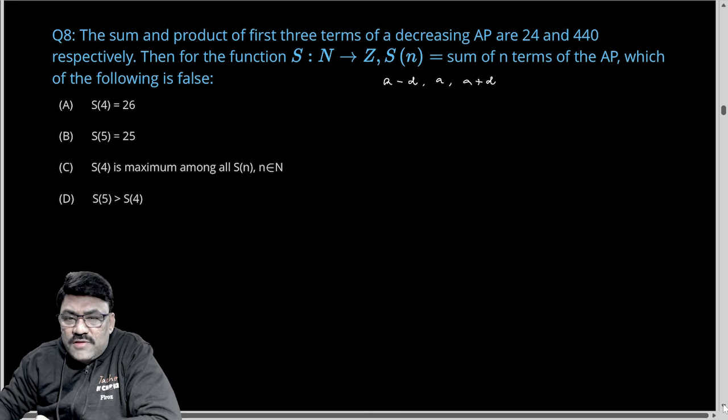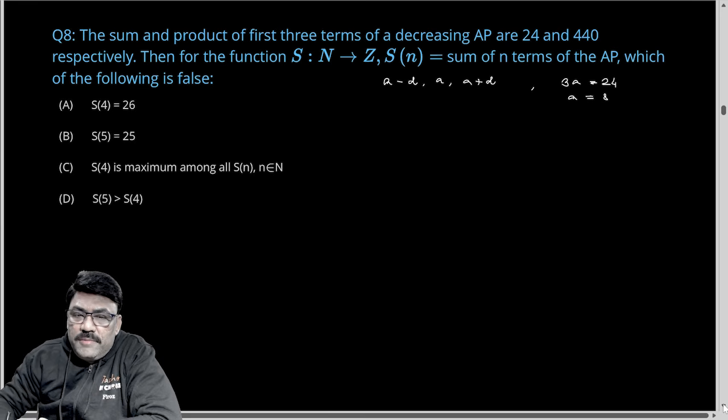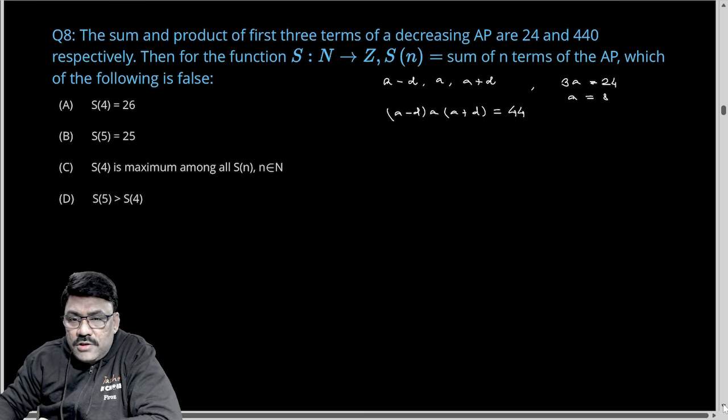So if I take the sum of these 3, the sum of these 3 will be 3A, which is 24. So hence A is 8 here. And if I multiply these 3, A minus d, A and A plus d. So this product is given as 440.